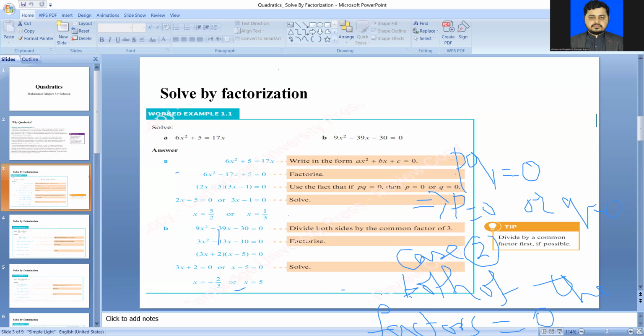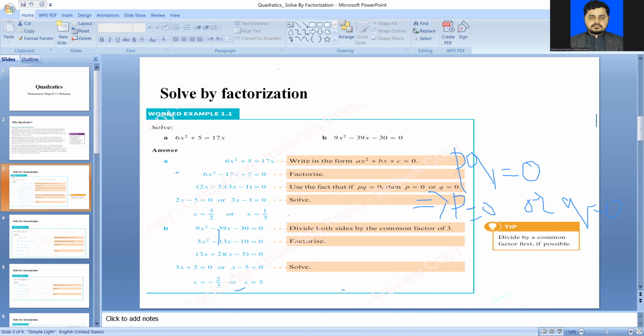Either we use case 1 or case 2. The value of x will be solved out by using this technique.